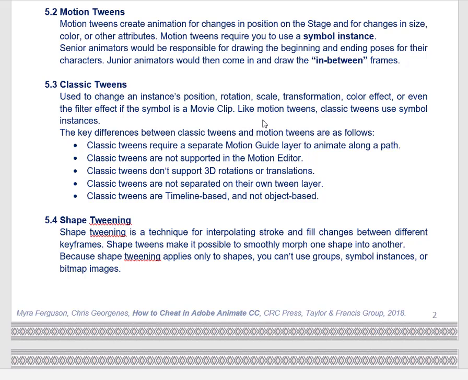It also depends on symbol instances, and is also used to change the position, rotation, scale, transformation, color effects, and even filters. So it is the same as the motion tween, but this technique is more complicated to create and less flexible compared with the motion tween. Here you will find a comparison between motion tween and classic tween, so please check it out.